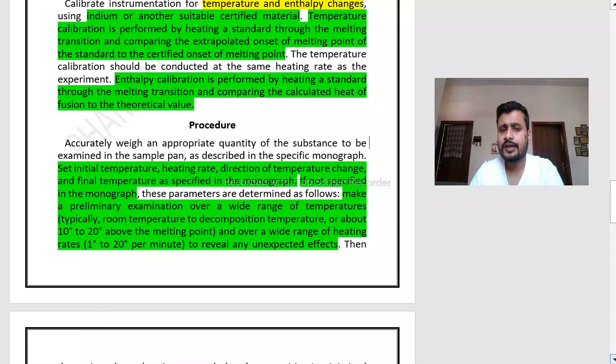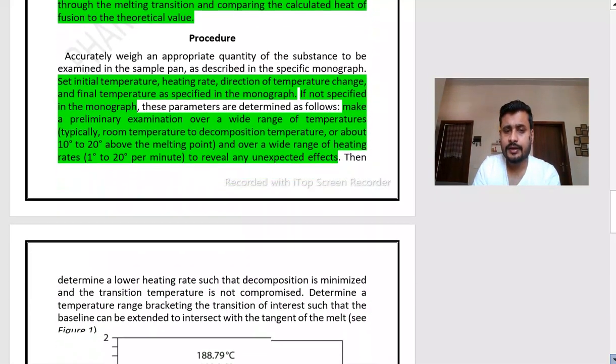Typically it should be run from room temperature to the decomposition temperature with a heating rate of 10 to 20 degrees, or 1 to 20 degrees per minute. In future I will also make a video on how to perform method development on the DSC or thermal analysis technique. I will upload it later.